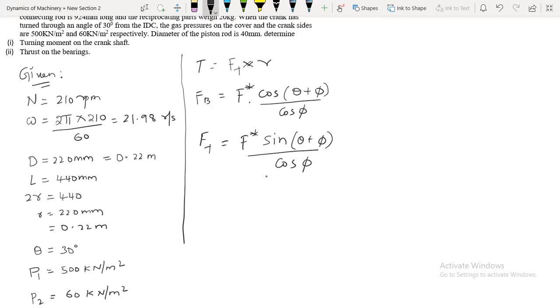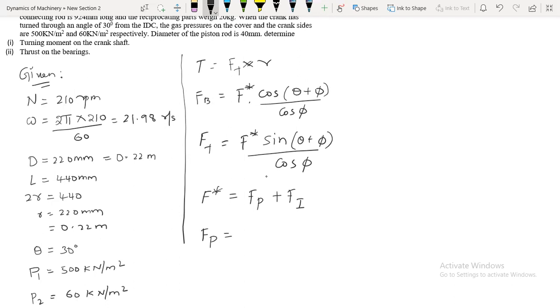Okay, so now first let us find out what is F. So F is equals to Fp plus Fi. Fp plus Fi.